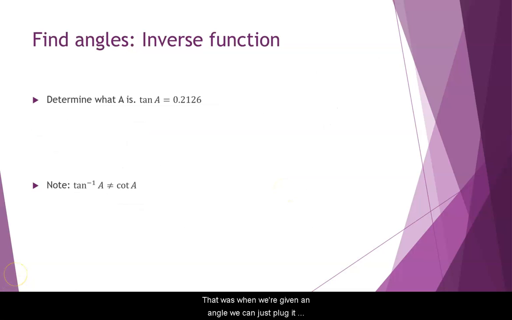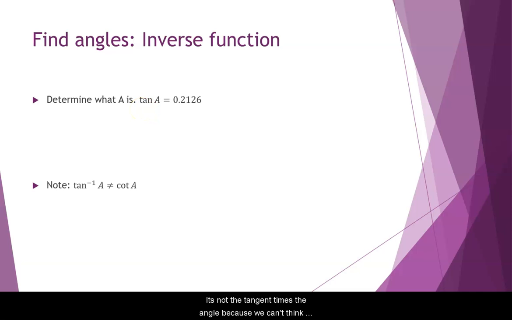Well, that was when we're given an angle, we could just plug it into our calculator with the trig function, but we can't do that directly with this. If we are given the ratio and we want to find the angle, we have to use something called an inverse function. The way an inverse function works is it undoes the original trig function, so we can solve for just A. Notice this tangent is not multiplied in.